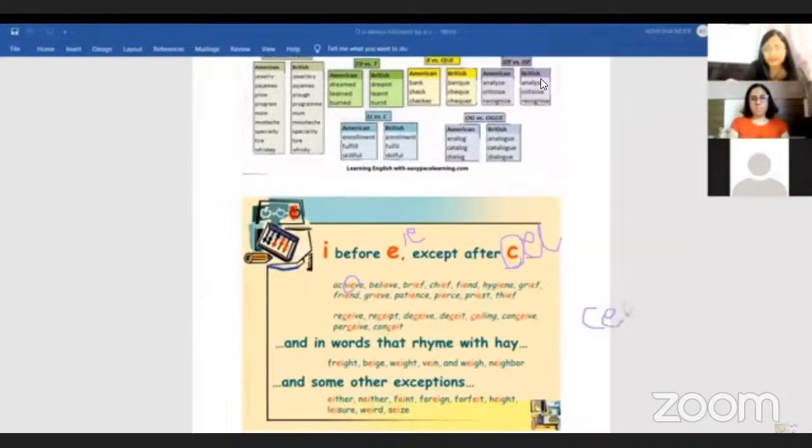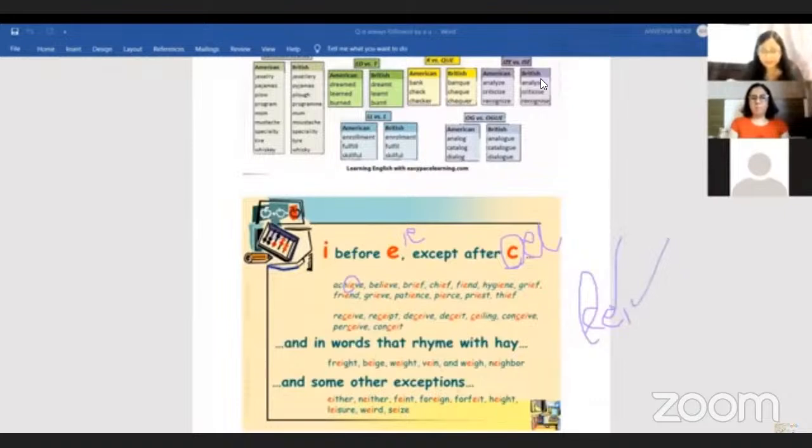This is mostly very confusing for the children, whether it is IE or EI. For example, if the word is believe, the child will get confused whether it is IE or EI. Then the child has to check for C. If there is a C, then please put E first. But if there is no C, then please put I first. This is something you can teach them.